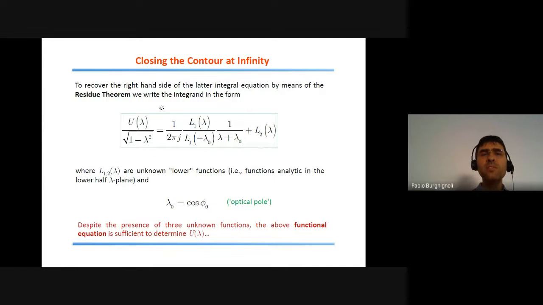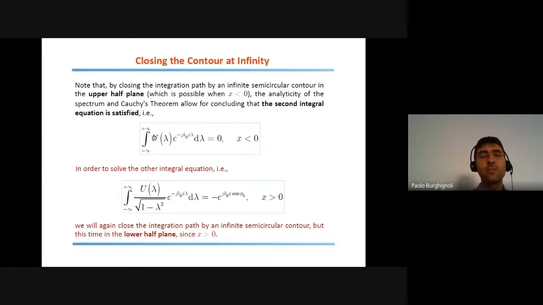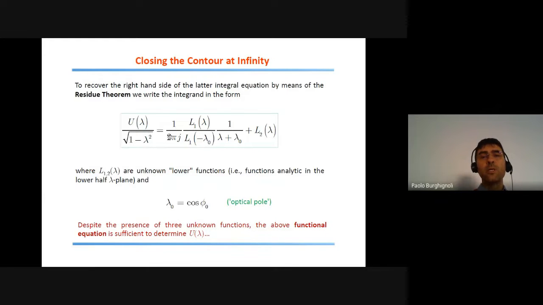So this is the reason why we will write the function that appears inside the integrand, that is this ratio between u of lambda and the square root of 1 minus lambda squared, in this form here in the box, where you can see, consider first this ratio, 1 divided by lambda plus lambda 0. This is a term that introduces a single pole in the lower half plane at lambda equal minus lambda 0. And lambda 0 is the cosine of phi 0. That's the so-called optical pole.